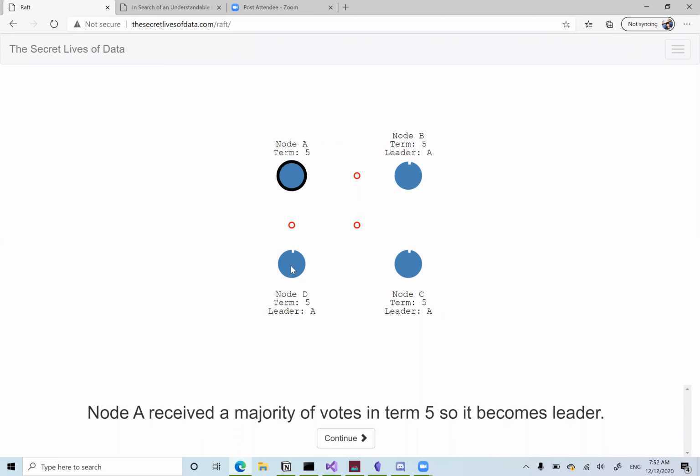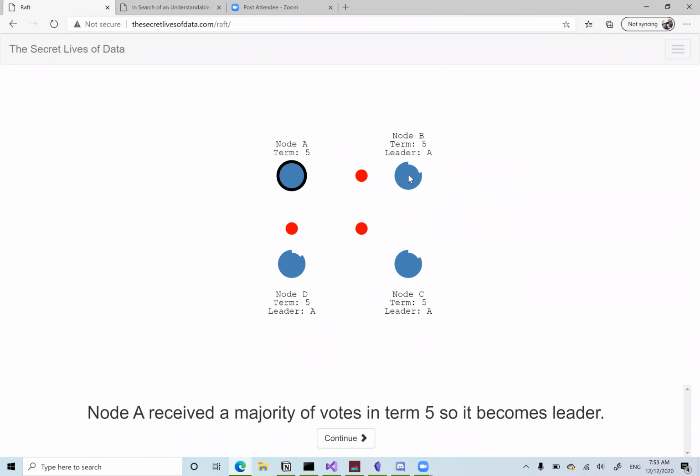On node D, the message came and node D has still not voted for anyone. So node D will give him a vote, right? So now node A has got one vote from itself and one vote from node D. And now node A was going to ask for a vote from node C. But before the vote request came to node C, the vote request from node B came first.